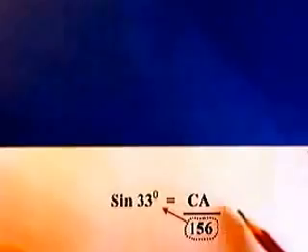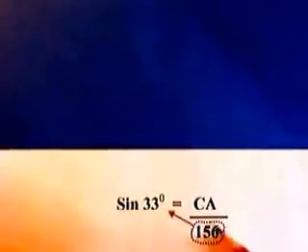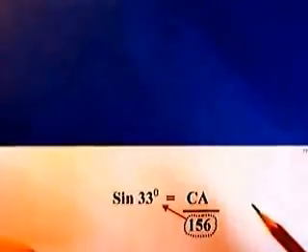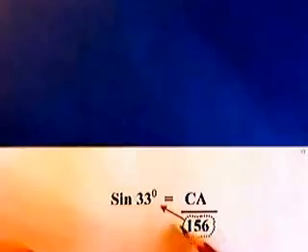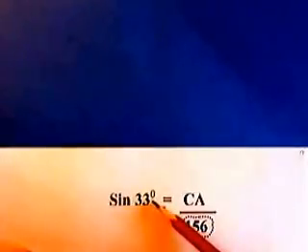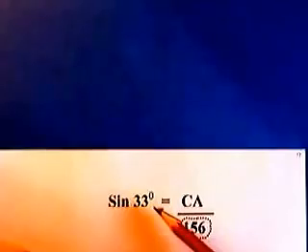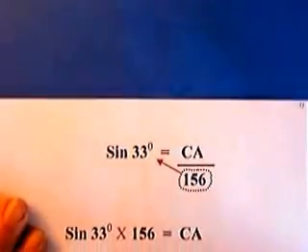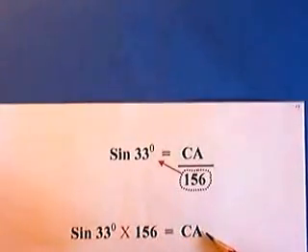I could multiply both sides by 156 and cancel that 156 with the 156 up here. This is the same thing. I have cross-multiplied the bottom of this ratio across the equal side with the top of the other side of the equation. With my calculator, it would look like that, rewritten, with CA as the subject of the equation.